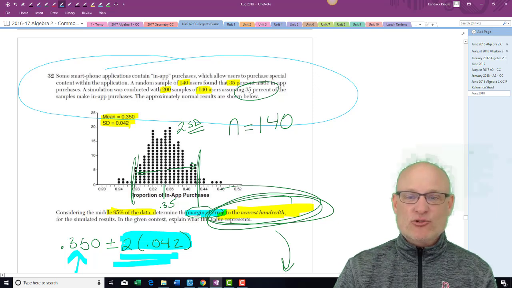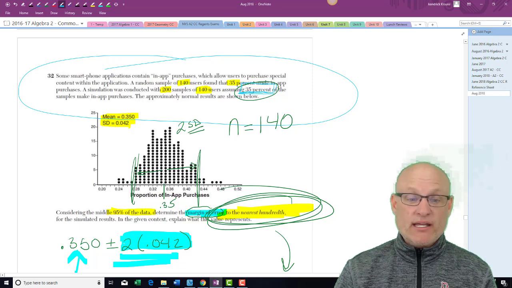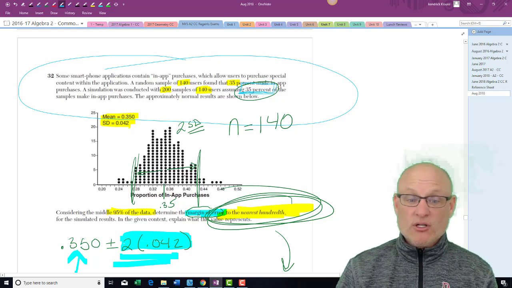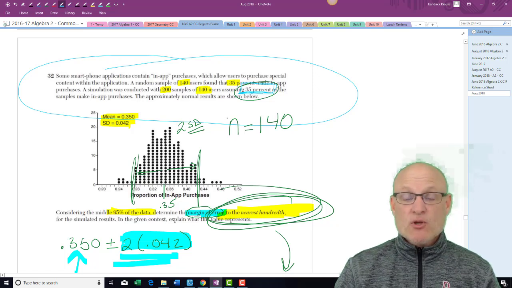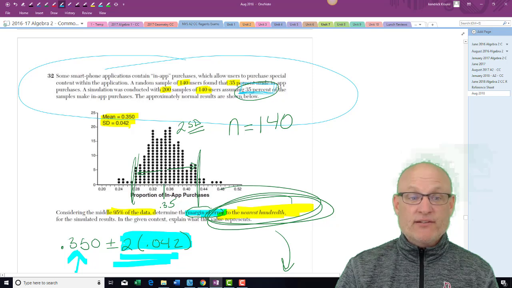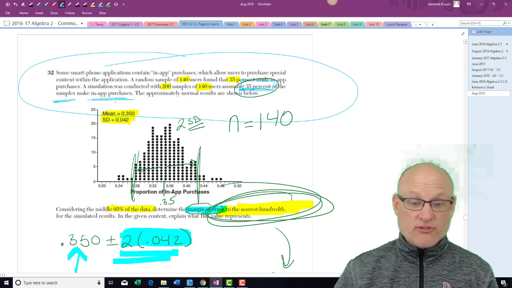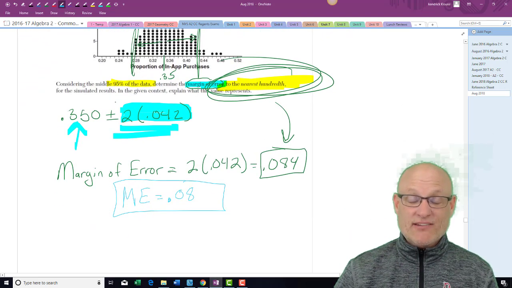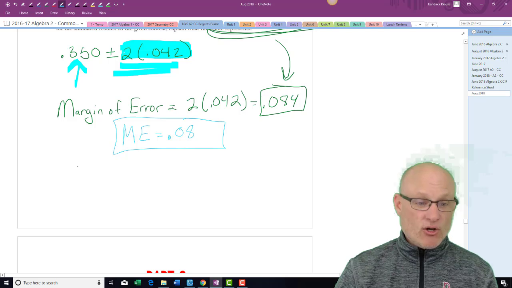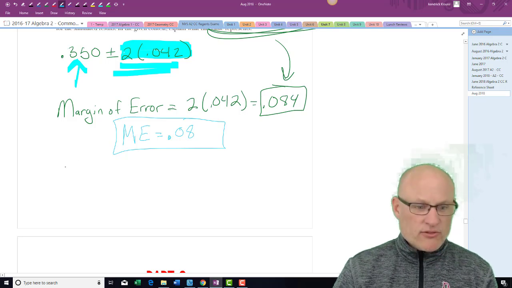So here's what it is. We think the true mean is 35%. Okay? But we're not 100% sure. So we have a margin of error. So what that means is we think that 35% of people make in-app purchases. However, because of the margin of error, we're not exactly sure. So it's either going to be something like this.